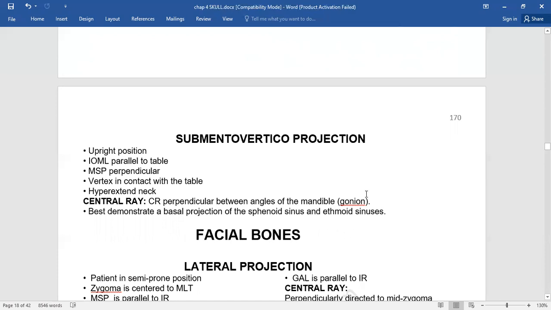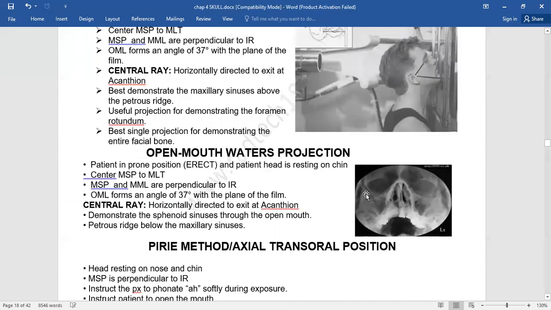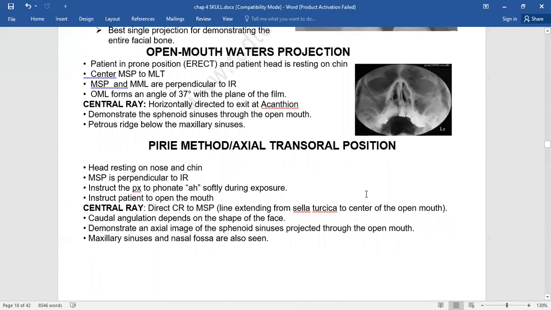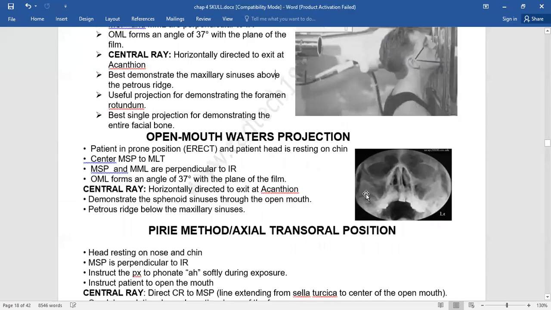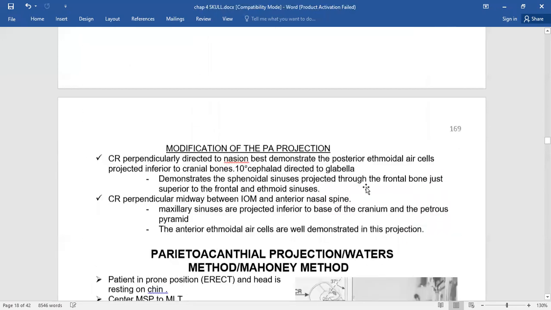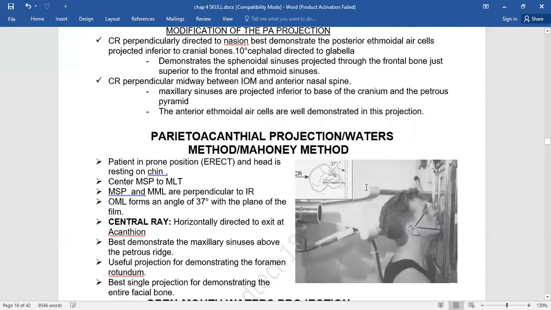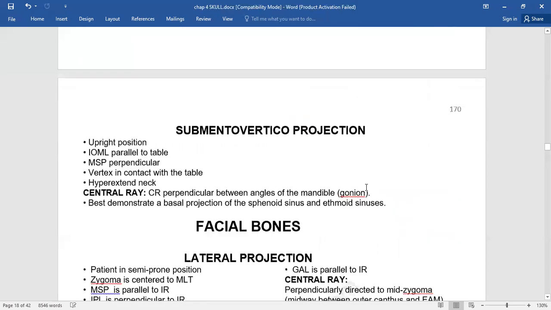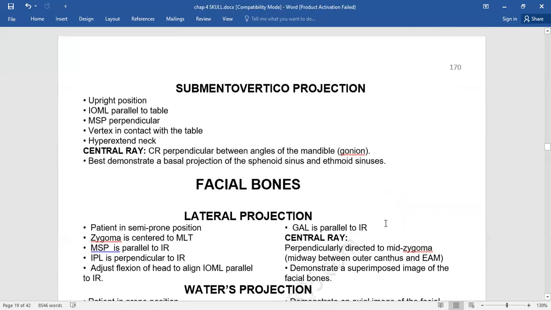So, yan sa ating PNS. We have the lateral, Waters, then open mouth or the modified Waters. We have the Caldwell here. Then, in addition, we have the Pirie and the SMV projection. That is for PNS.